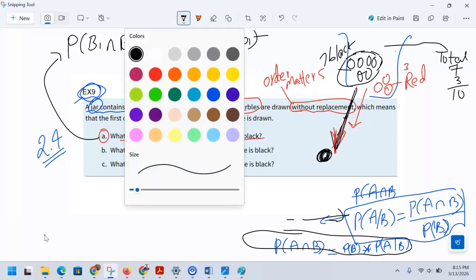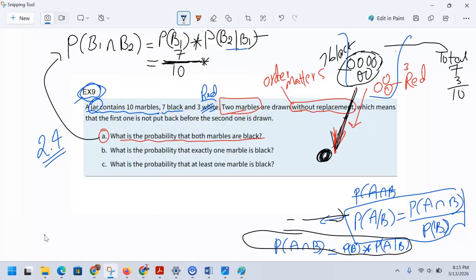Since you already know the first one is black, how many total marbles remain inside? There are no more 10, because one is gone, so there are 9 marbles.